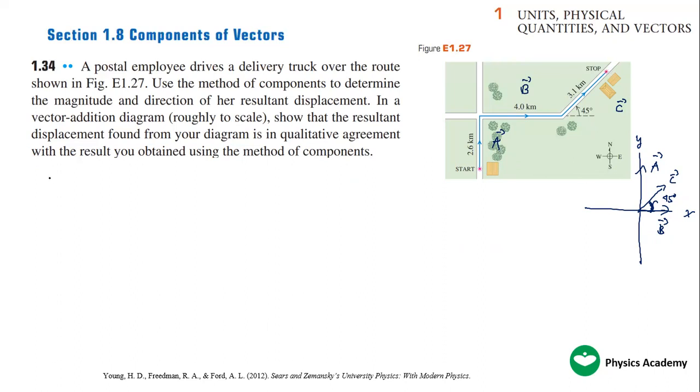Using the method of components, the best way to do this is to make a table. So we have vector A, vector B, and vector C. We're asked to find the resultant displacement.